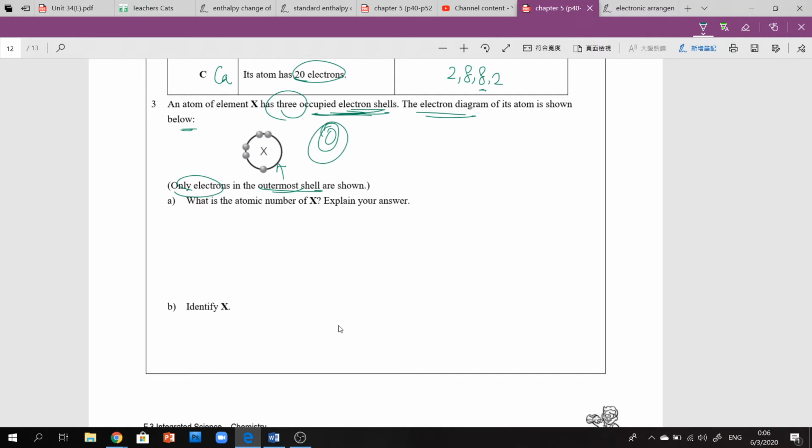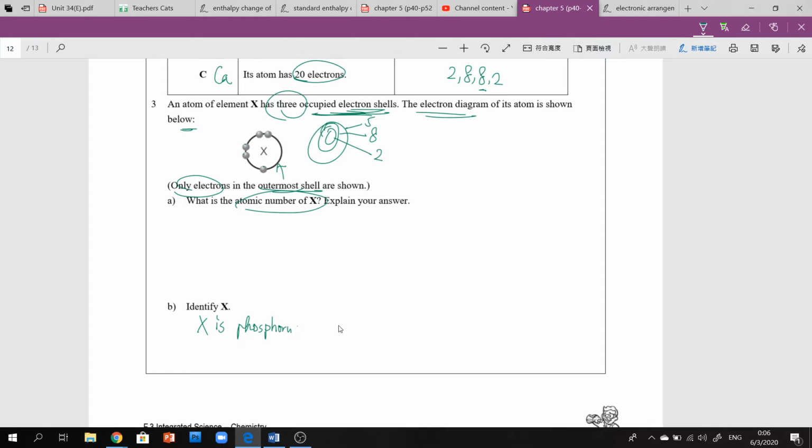What is the atomic number of X? Explain your answer. So altogether we have 2 more circles in between. The first shell, 2. Second shell, 8. Final shell, 1, 2, 3, 4, 5. This is 5. So you can get it. Yes, that's right. X is phosphorus.